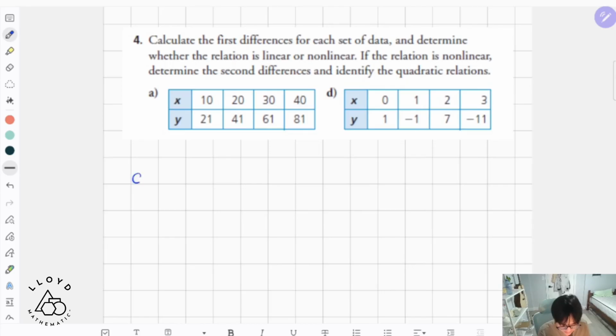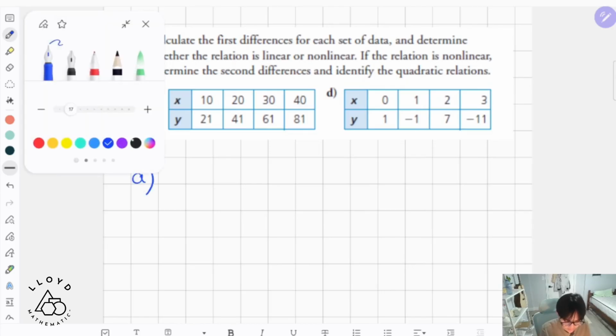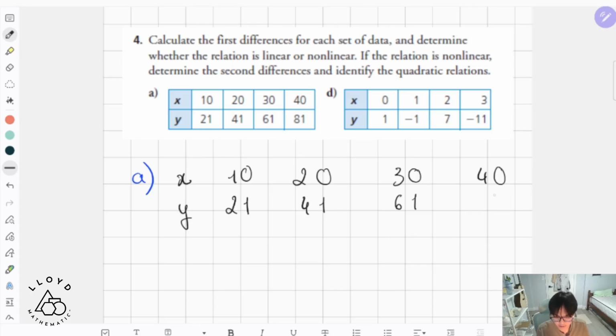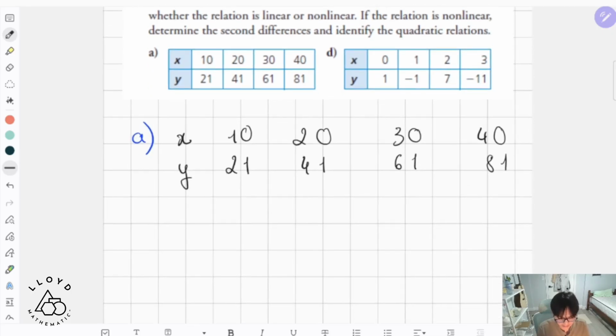So for A, I put X is 10, 20, 30 and 40. So Y here is 21, 41, 61 and 81. Okay, so let's calculate the first differences first.